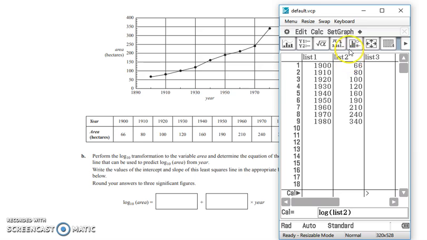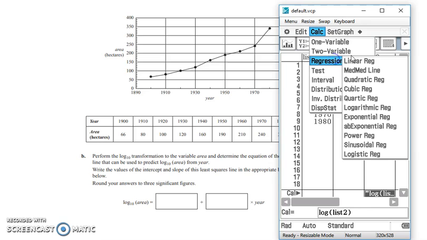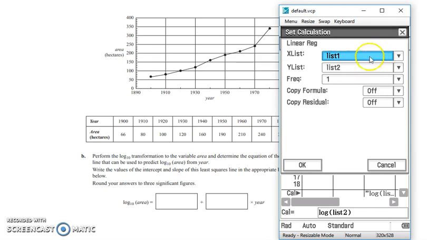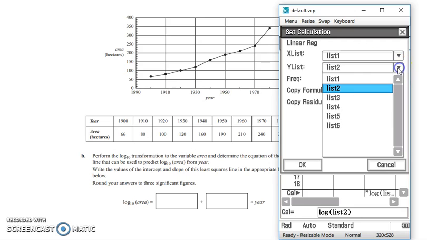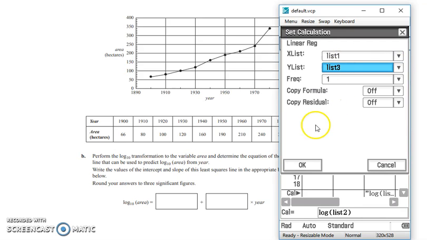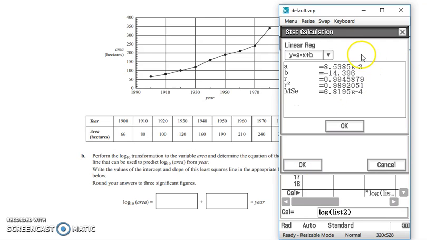If you've got leftover words, you need to use whatever it says up here in your list. We find our log values, and then we go calc, regression, linear reg. We need to make sure we are choosing the correct transformation column. Our new transformation is in list 3 for our y. Go OK, and it gives us our values here.